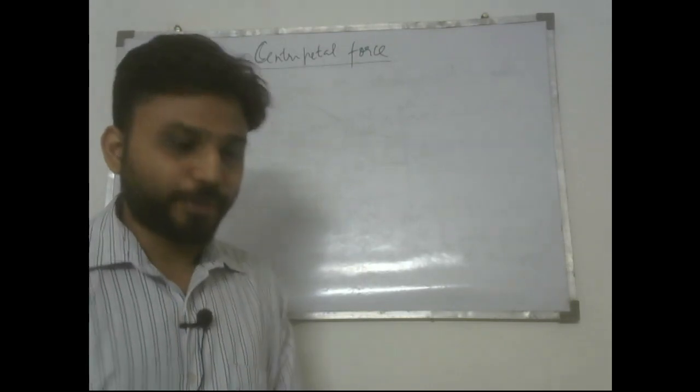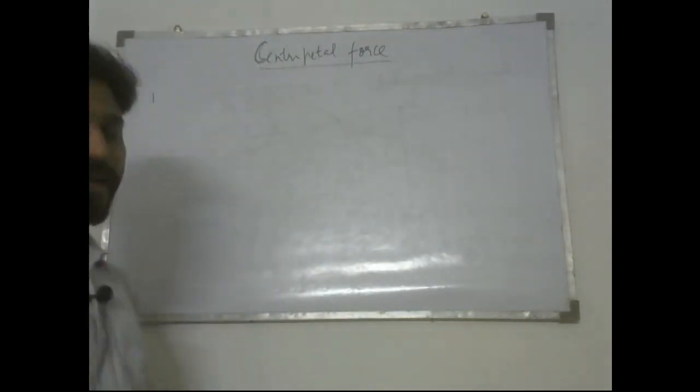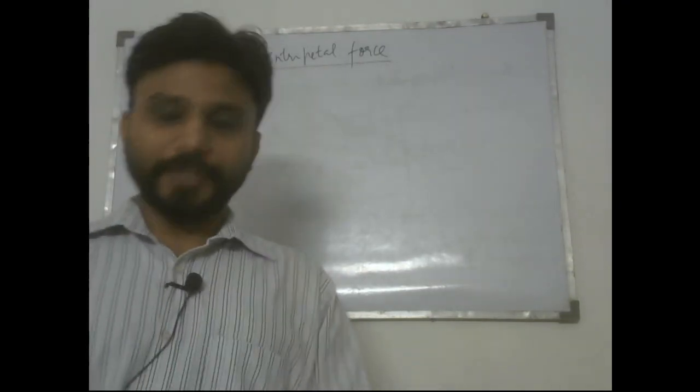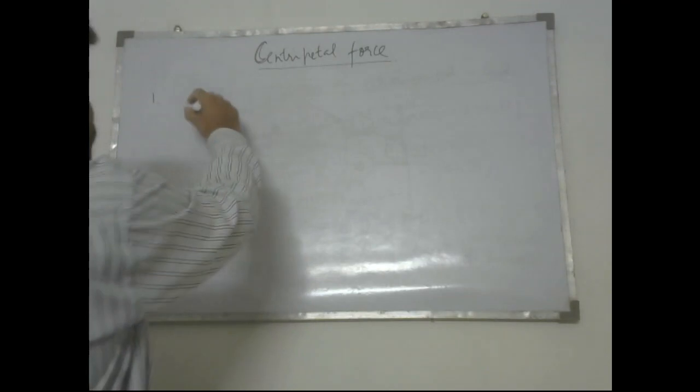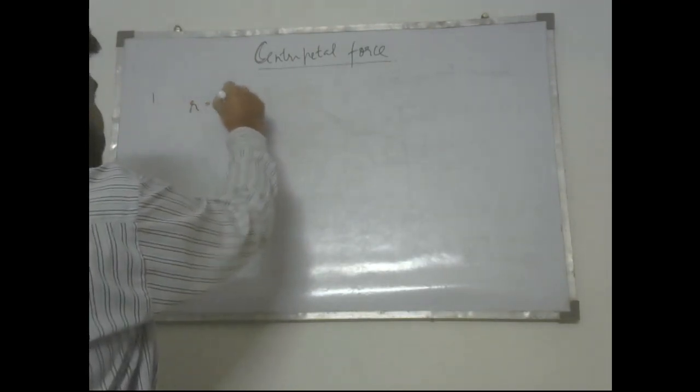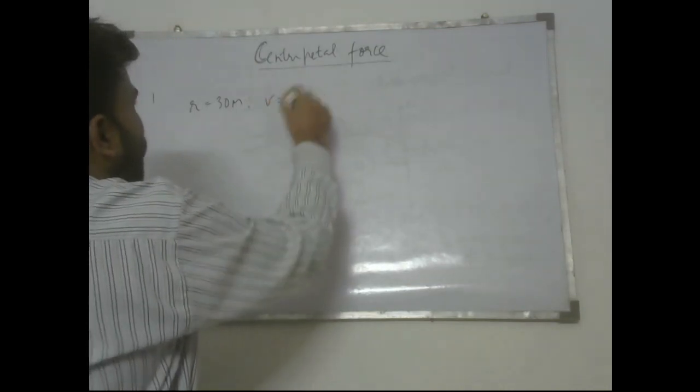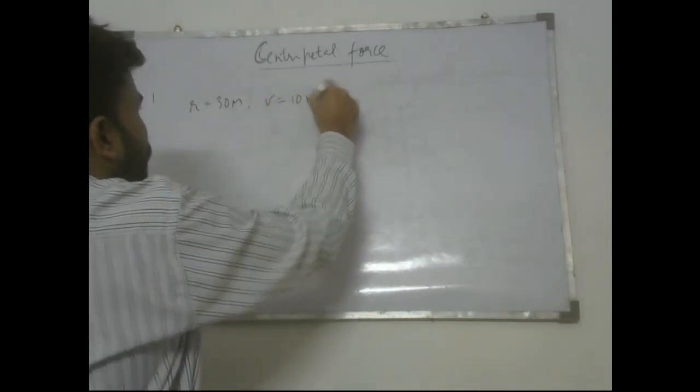Now let us do a question. So we have a car. The car is moving on a circle of radius 30 meters, and the car is moving with a speed of 10 meters per second.